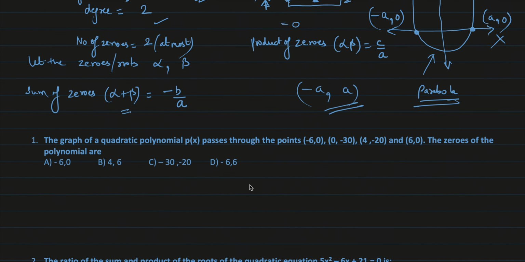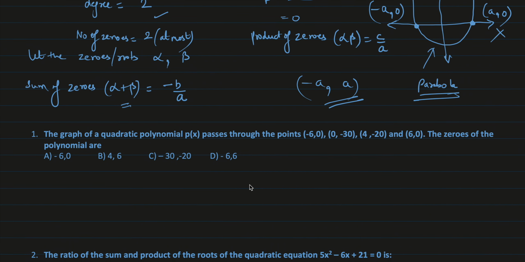Let's begin with the first question. The graph of a quadratic polynomial passes through the following points. These 4 points are given to you. The zeros of the polynomial are, when you see this, this one lies on x-axis, this point minus 6, 0.